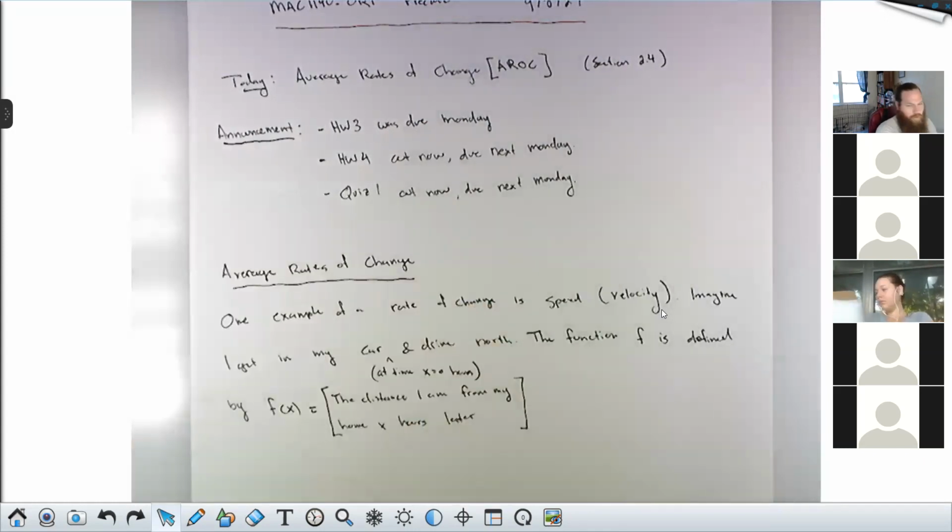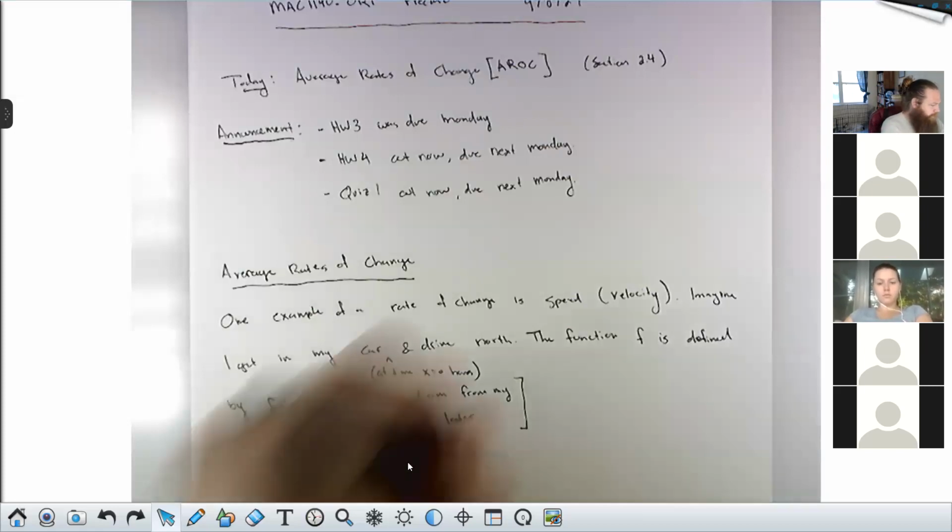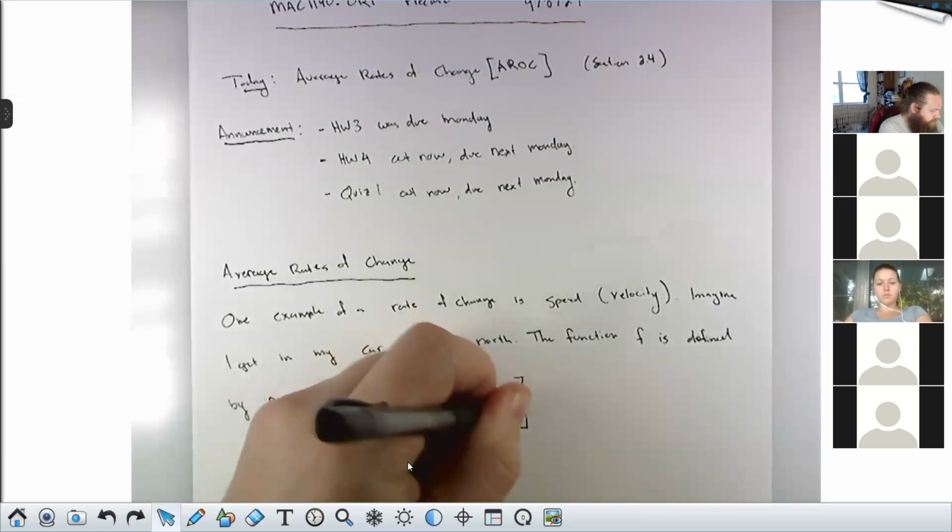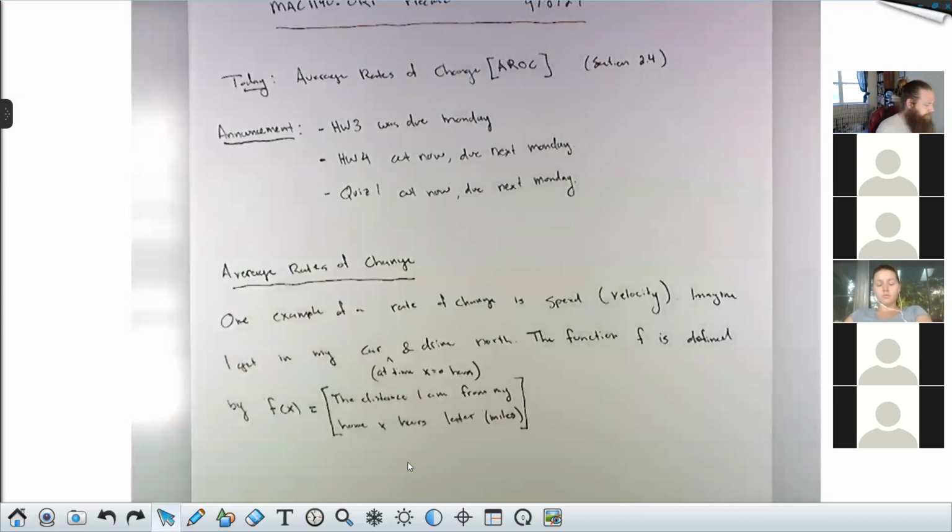All right, so f of 1 would be how far I am from my house 1 hour after I leave. f of 3 would be how far I am from my house 3 hours after I leave. And if I say f of 5 is 0, that means 5 hours after I left, I've returned home. I'm 0 miles from where I am. Sorry, let me include the units here. This is in miles.